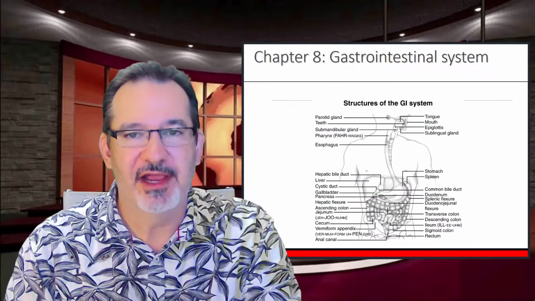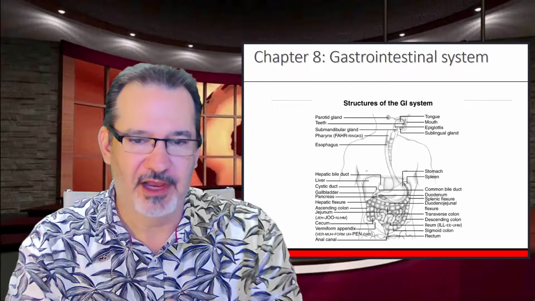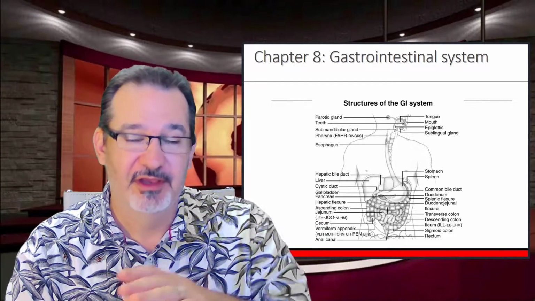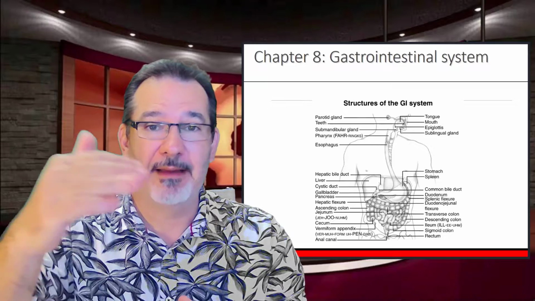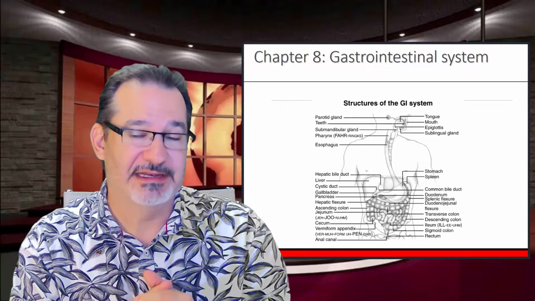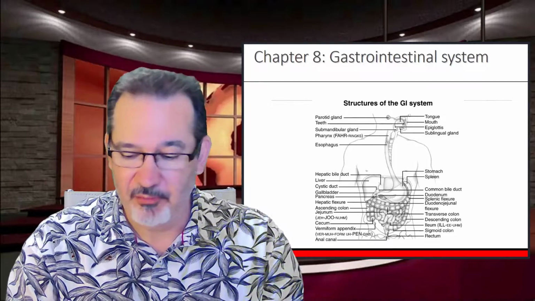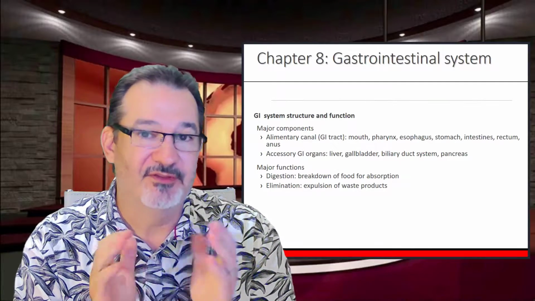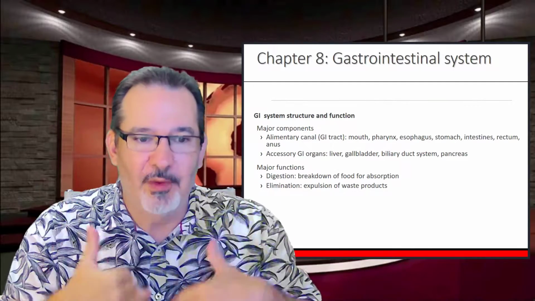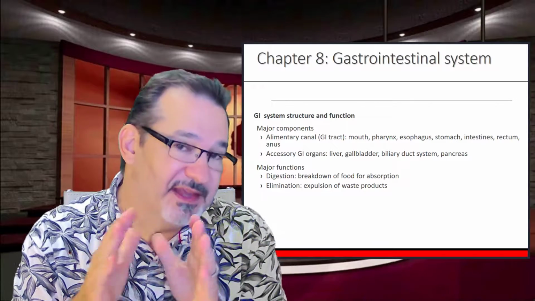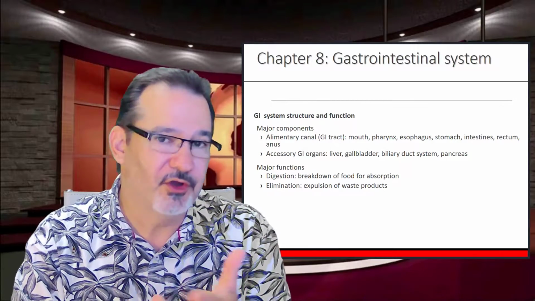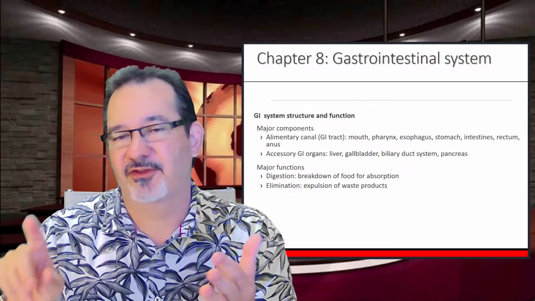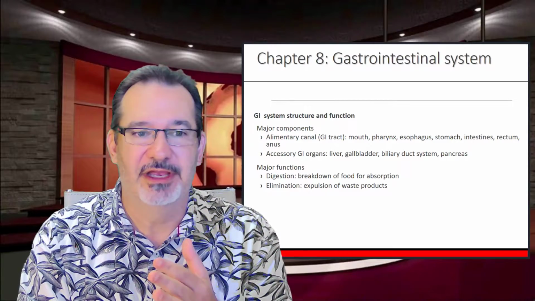So good diagram, but we're going to go ahead and start talking about many of these pieces. In particular, starting at the top, the alimentary canal, which comprises the mouth and the pharynx, the esophagus, going down into the stomach, and then the accessory organs, the liver, the gallbladder, the biliary ducts, the pancreas.